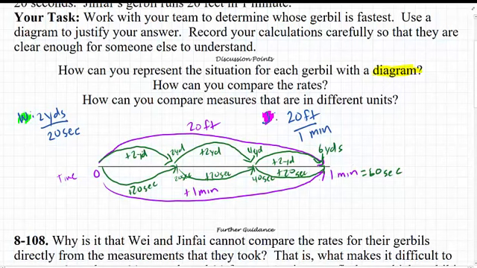In the same amount of time for W, in 60 seconds, we could say that W's gerbil goes 2, 4, and 6 yards. For J's gerbil, in 1 minute, J's gerbil goes 20 feet.